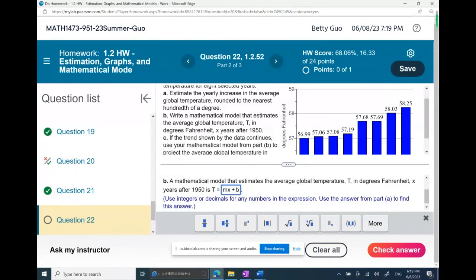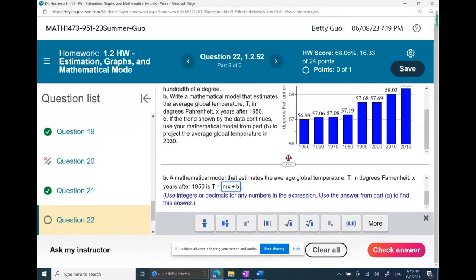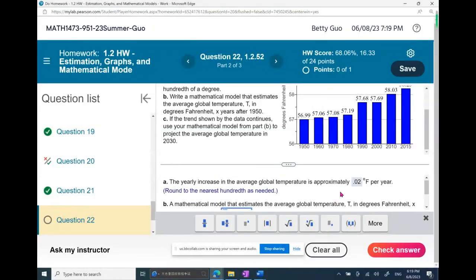I'm not submitting. I'm just typing in the slope-intercept form of the straight line and explaining. The b would be the initial value in 1950, and that is 56.99. And since the trend goes up, the line we are using to approximate the trend goes up, so it rises, so the slope is positive. Positive what?